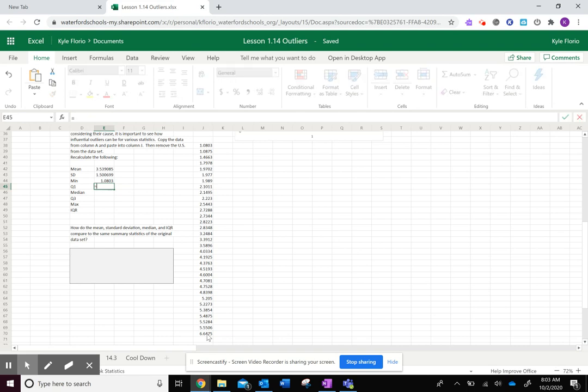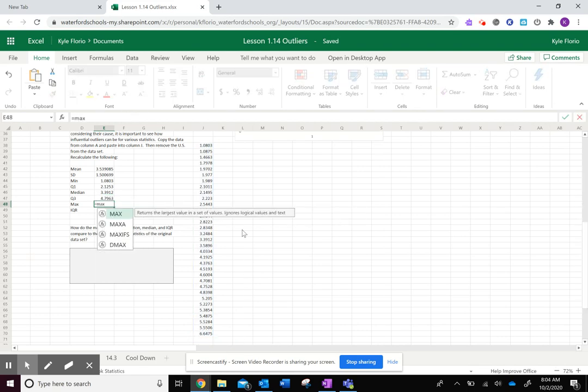The more you start typing these things in, the quicker you get at it. I'm doing this for a while. We're getting a little bit better. Don't forget the comma 1 for Q1. Okay. Median, quartile 3. Remember, we use the .EXC one. And that's comma 3 for the Q3.